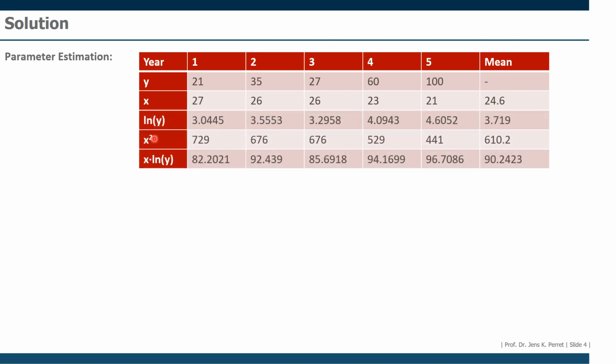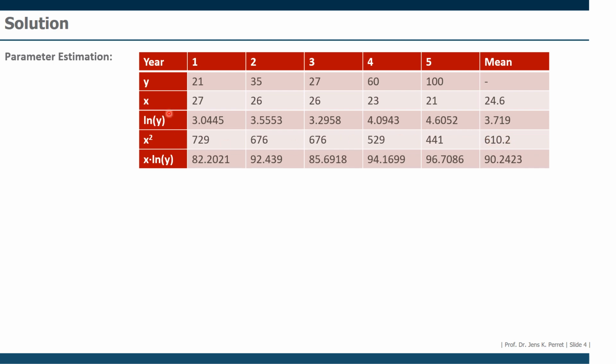The first row is the logarithm of y, and for this I'm calculating the mean again, because, as I said, I'm running my linear regression not with y as dependent, but with the logarithm of y as dependent variable. Then I calculate the squares of x and average them, giving me this value.